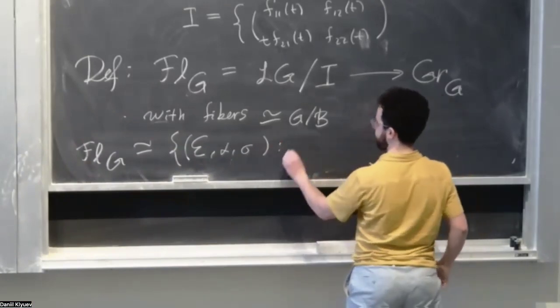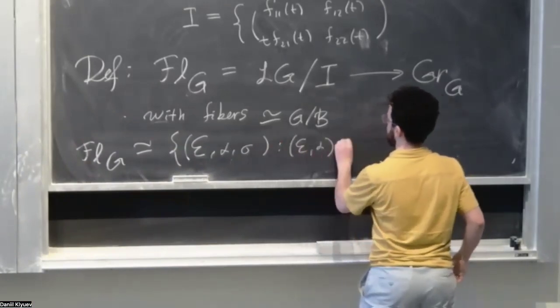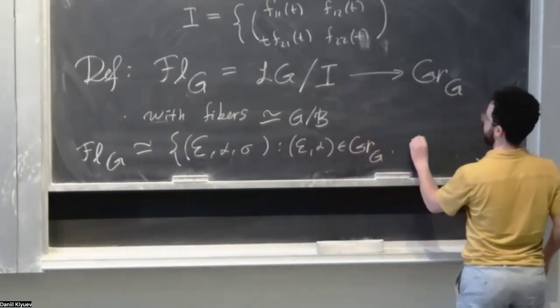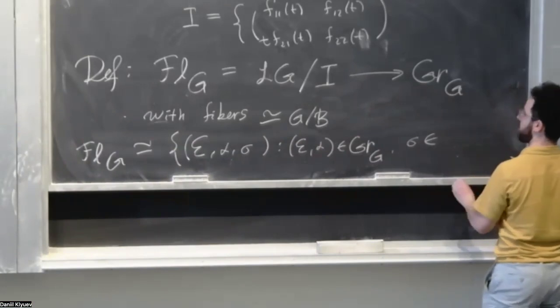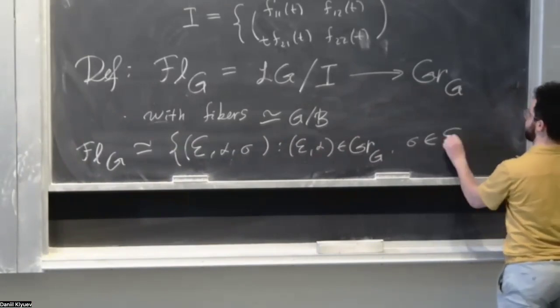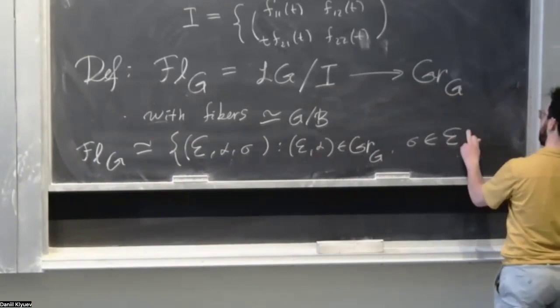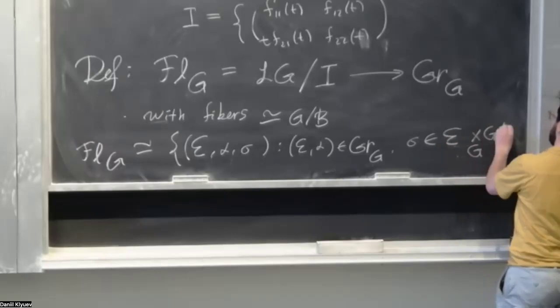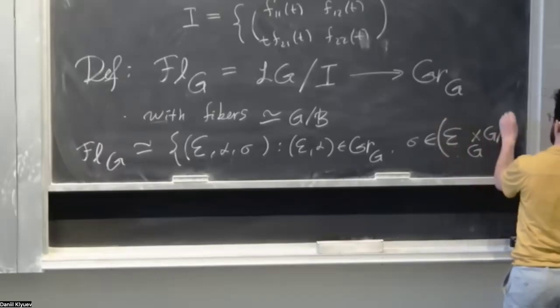So this is just an element of the Affine Grassmannian, and sigma is a section of the fiber at 0.